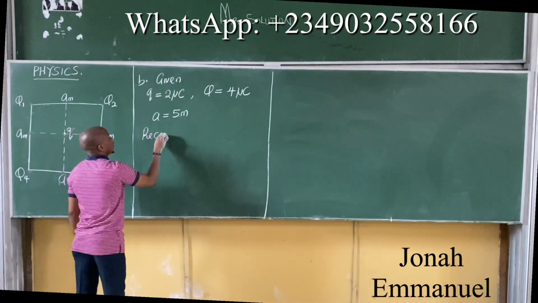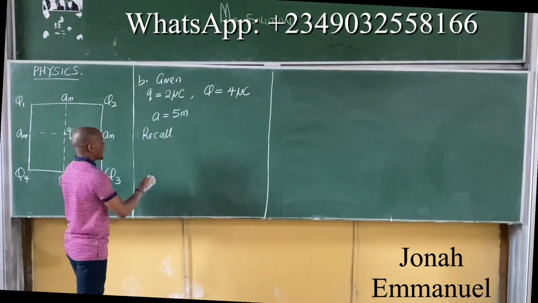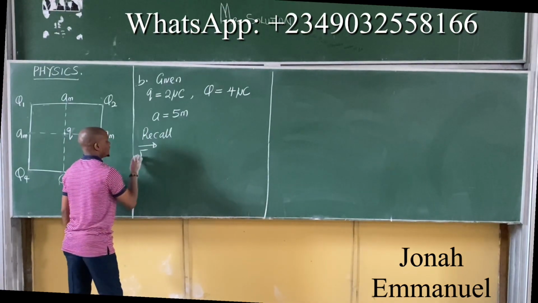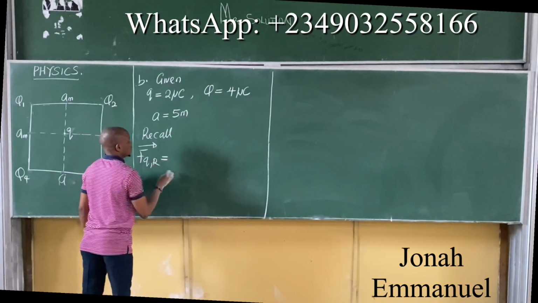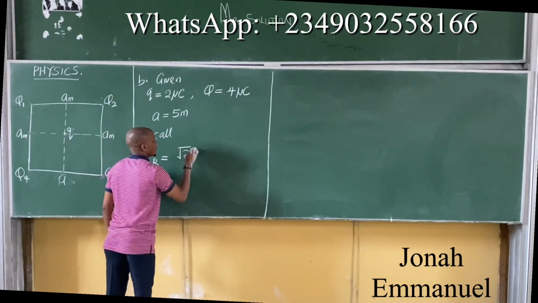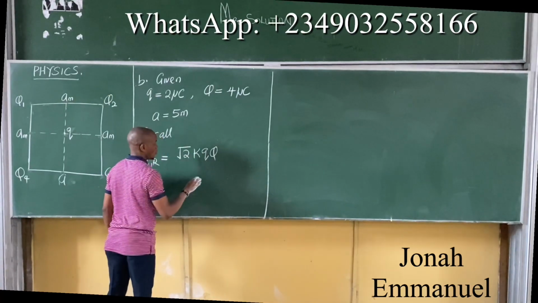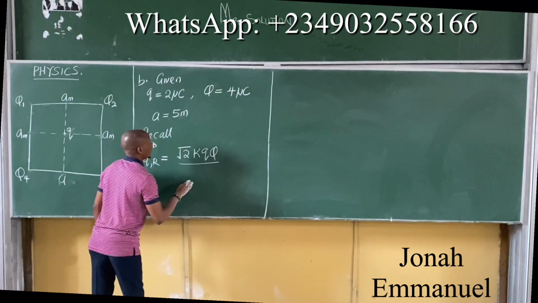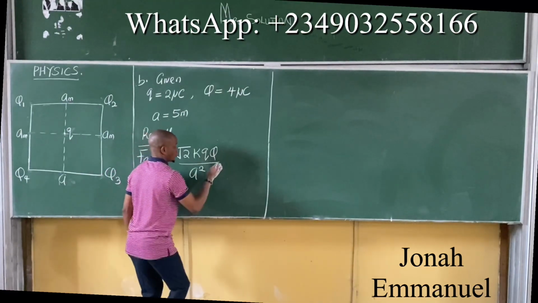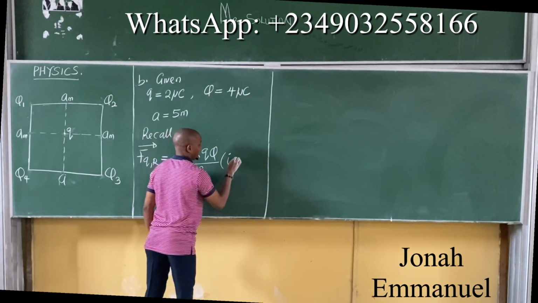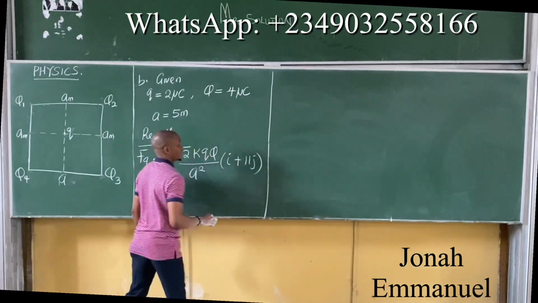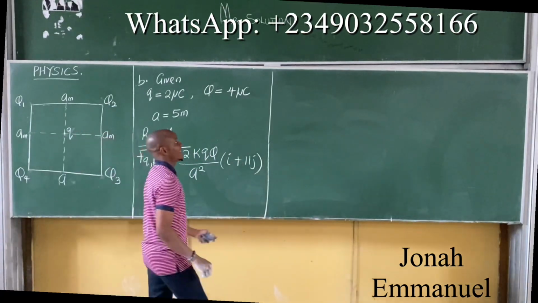Please help me recall FQR. FQR is equal to root 2 KQQ all over A squared into 2i plus 11j. Please substitute values.